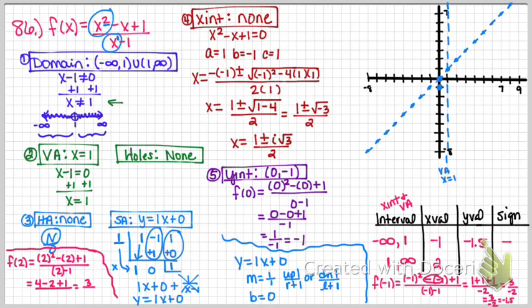And then on bottom, 2 minus 1 is 1. And 3 over 1 is 3. So we're going to graph those ordered pairs. So (negative 1, negative 1.5). (2, 3).